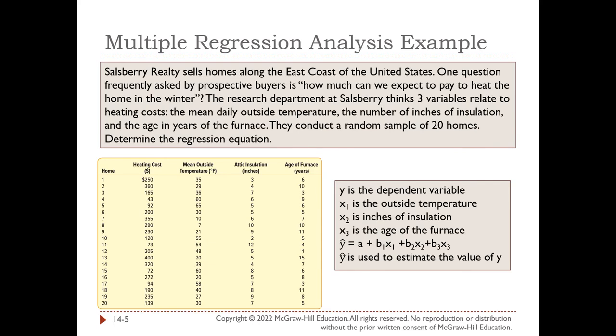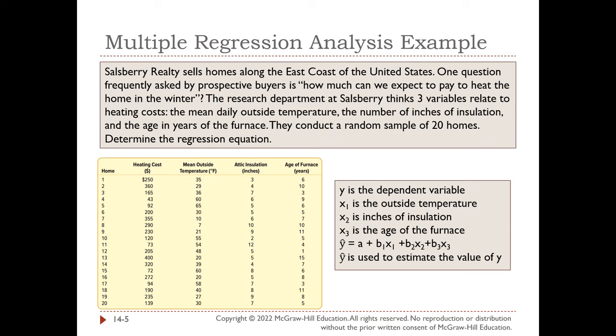Alright, example time. Open the example and see what's inside. Salisbury Realty sells homes along the east coast of the United States. One question frequently asked by the prospective buyers is, how much can we expect to pay to heat the homes in the winter?